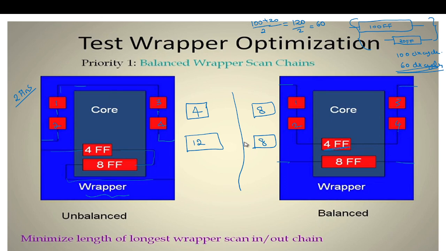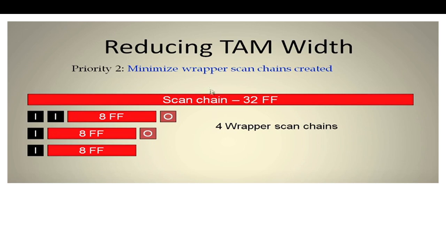So that's why our first priority in the test wrapper optimization will be to have balanced wrapper scan chains and minimize the length of the longest wrapper scan in or scan out chain. So this is the constraint. So next priority is to reducing the tam width, minimizing wrapper scan chain created. So now consider that this is the tam width.